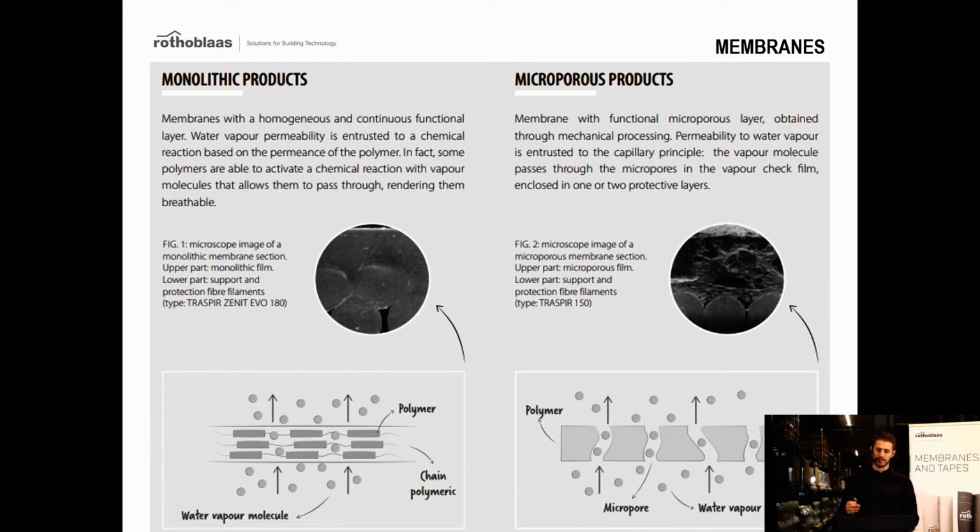We have membranes which are monolithic and other membranes which are microporous. What is the difference? In the monolithic membranes the vapor can pass through with a chemical reaction. As you can see in the image, all the molecules are in contact with each other. So it's a unique layer.